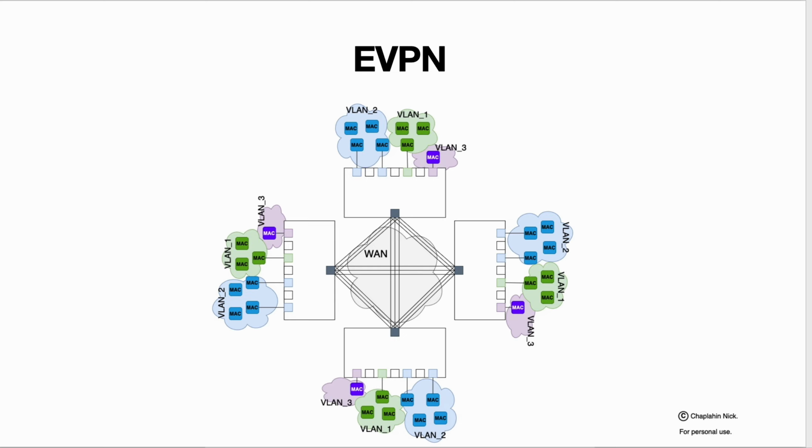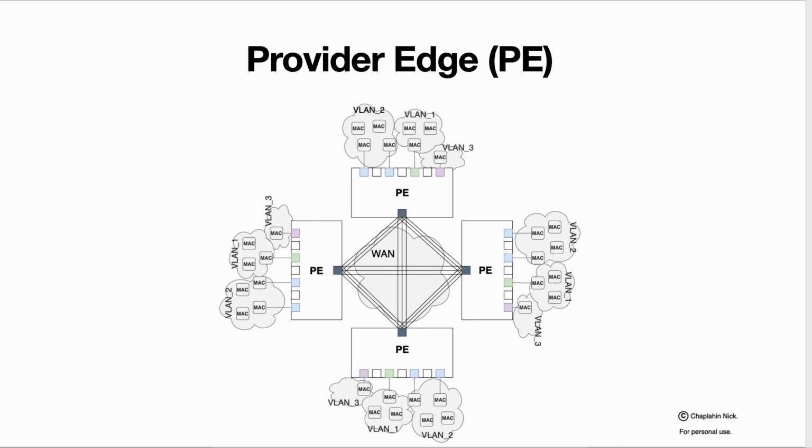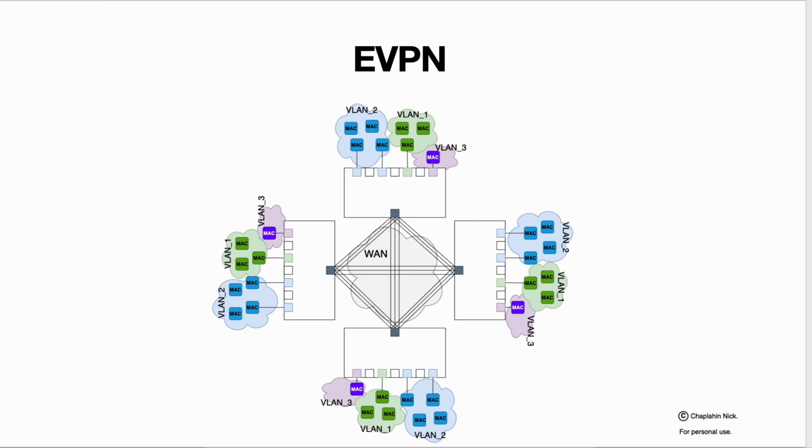The IP layer can be available or cannot be available. So everything that we can depend on is MAC and VLAN. So in this case appears EVPN, Ethernet VPN, for L2 traffic based on MACs and VLANs, MAC addresses and VLAN IDs.